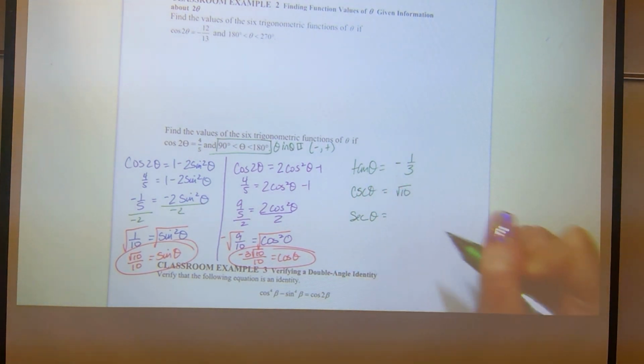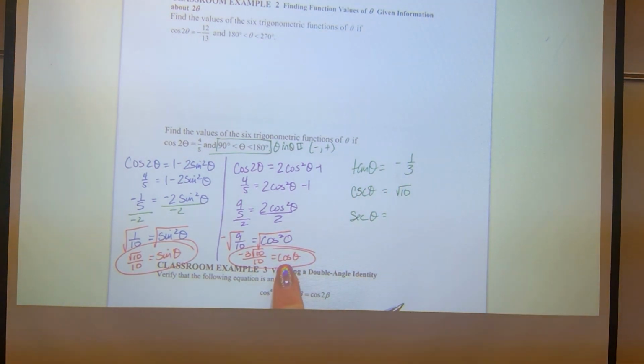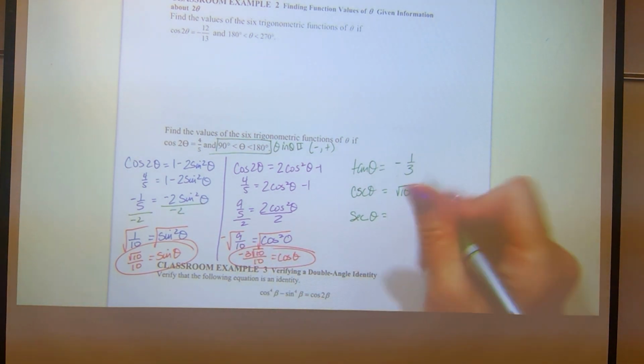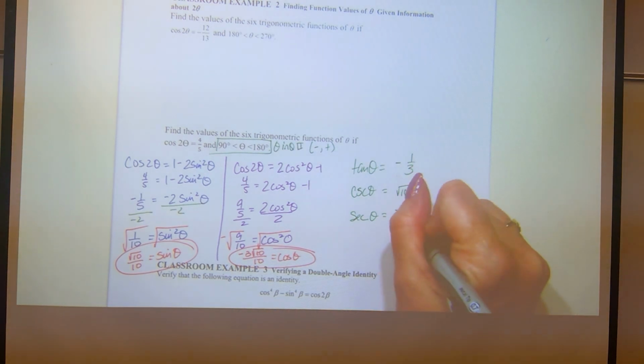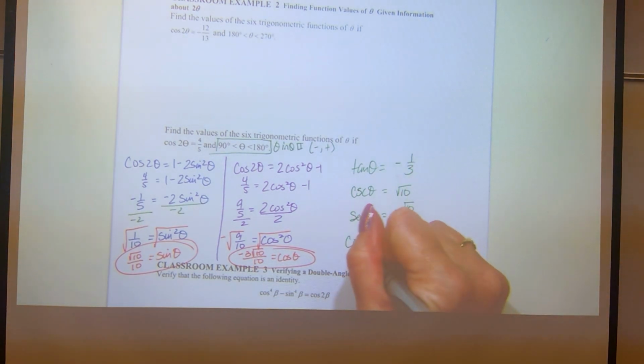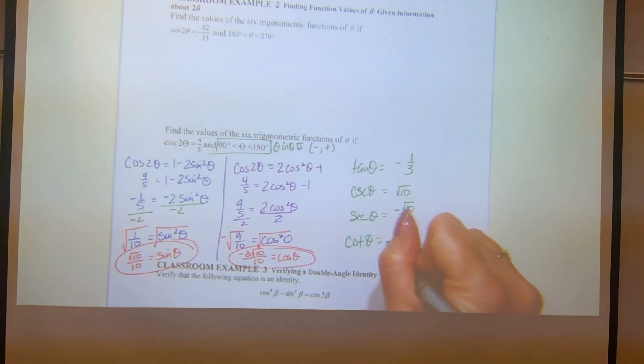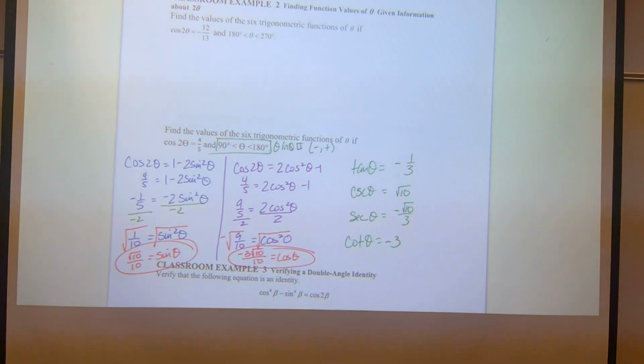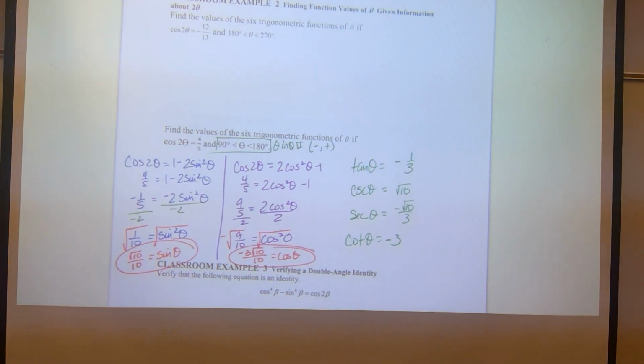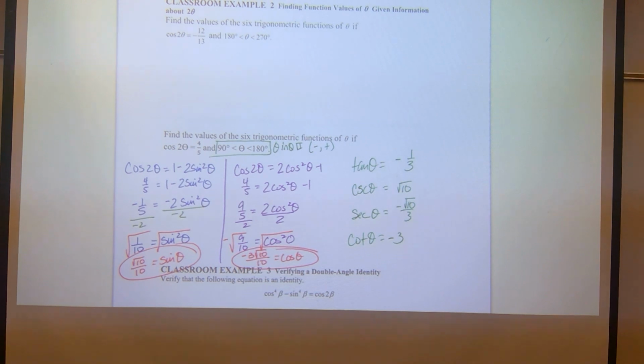Secant theta is the reciprocal of cosine theta, which started out as negative 3 over square root 10. So that becomes negative square root 10 over 3. And then cotangent theta is the reciprocal of tangent, so that's a negative 3. And there's my 6 trig function values for theta based on those given conditions.